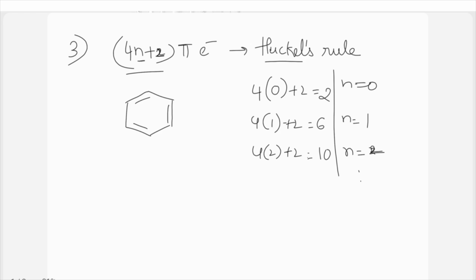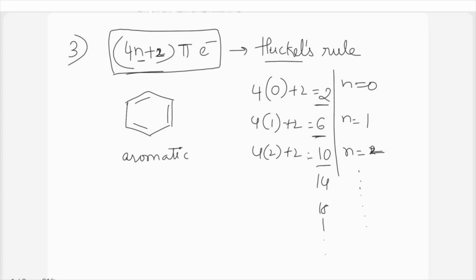Likewise, based on the n value, we get 4n plus 2 values equal to 2, 6, 10, 14, 18, etc. So whichever ring with pi electrons has a value equal to 4n plus 2 pi electrons, such compounds are said to be aromatic compounds. Only those compounds which have a pi electron number equal to 2, 6, 10, 14, 18, etc.